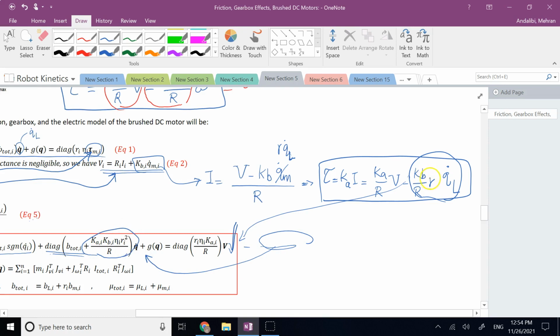And if you look at the coefficients, you clearly can see them here, right? This one, by the way, also needs a Ka. You have a Ka Kb R over R, which you can see here, and then there is eta times R extra in this equation, right?